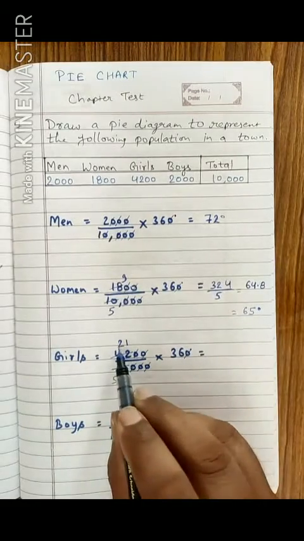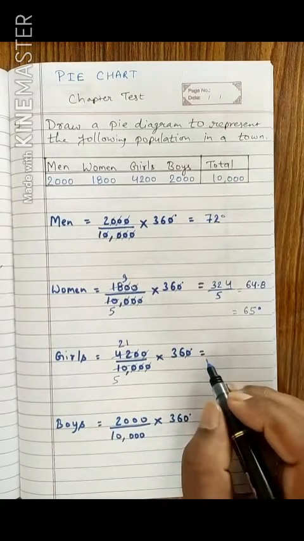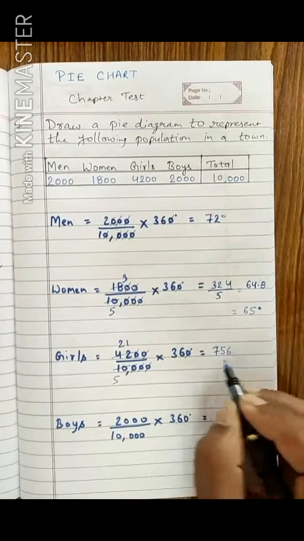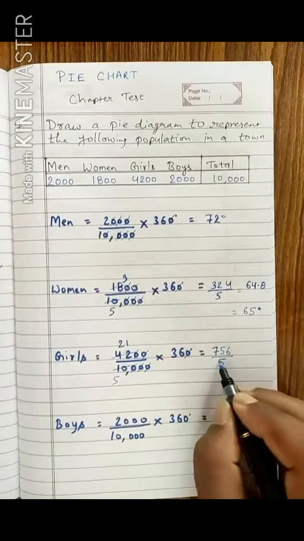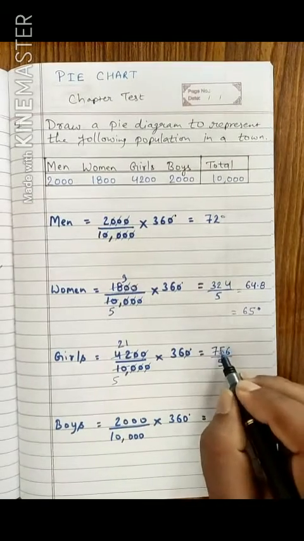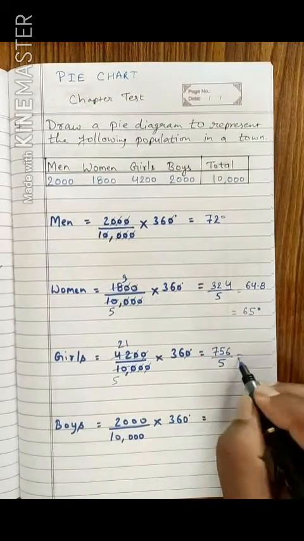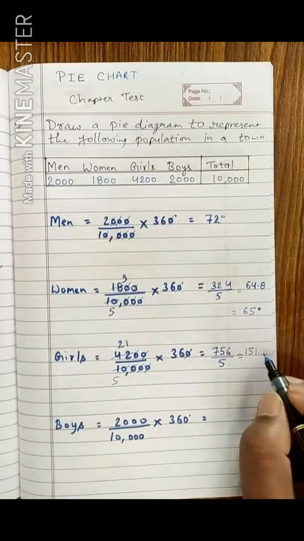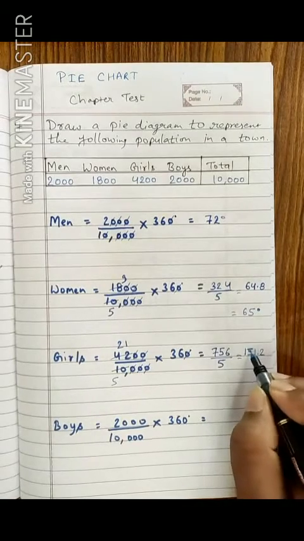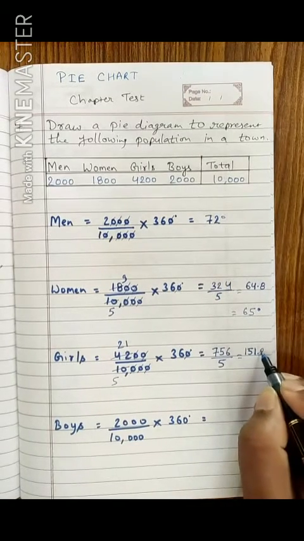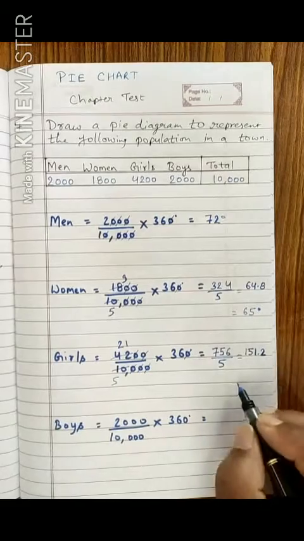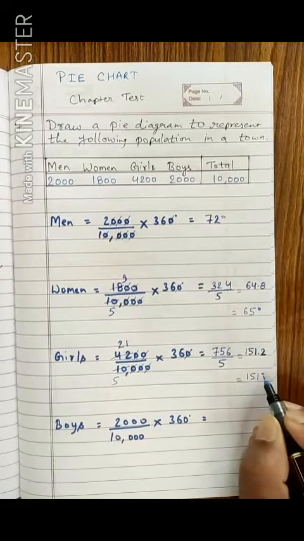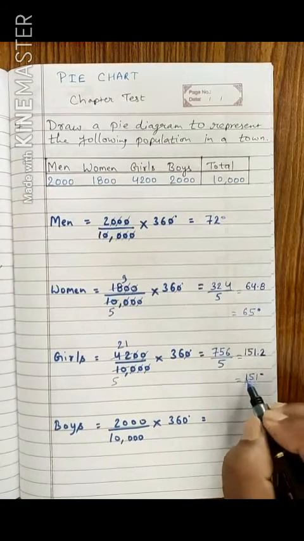Now 21 into 36 gives you 756 divided by 5. 756 divided by 5 gives you 151.2. Its rounded value is 151 itself. Okay.